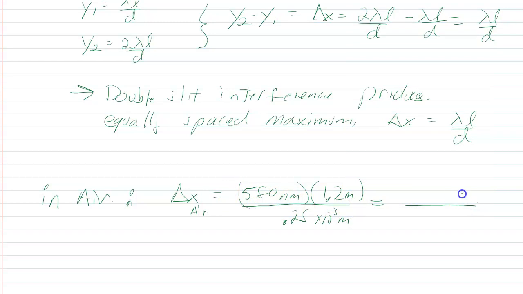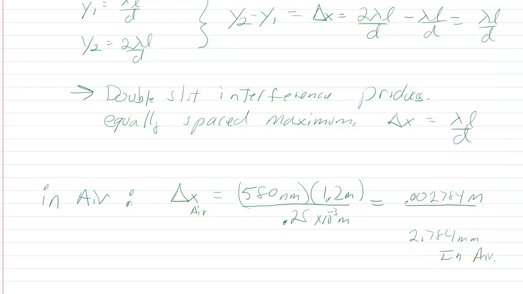And when I calculate that, the answer that I got here is 0.002784 meters, or we could write that as 2.784 millimeters in air.